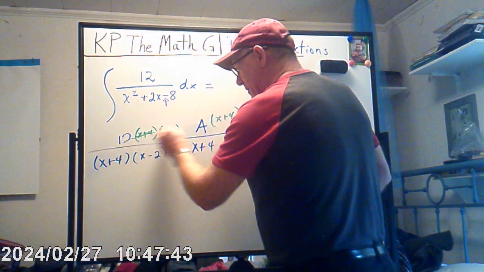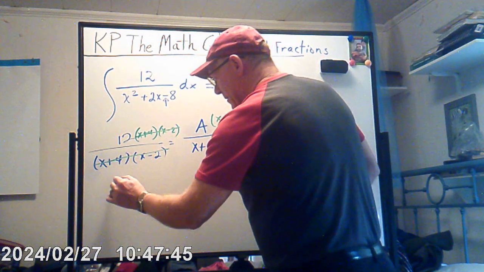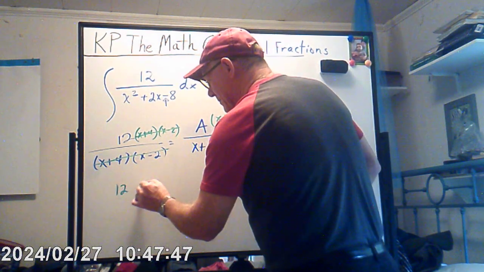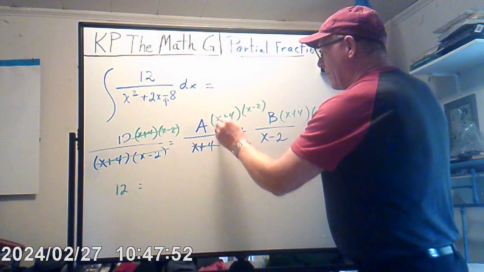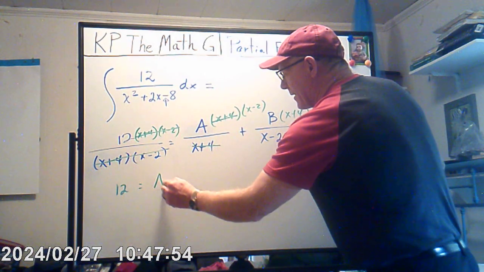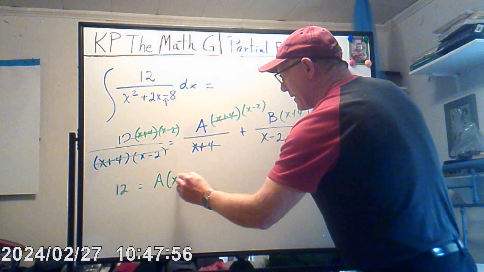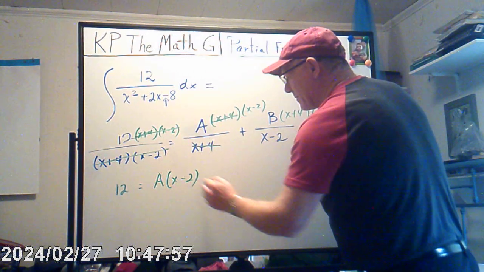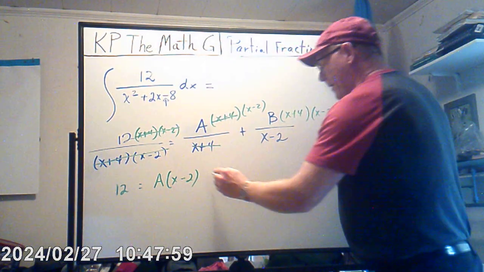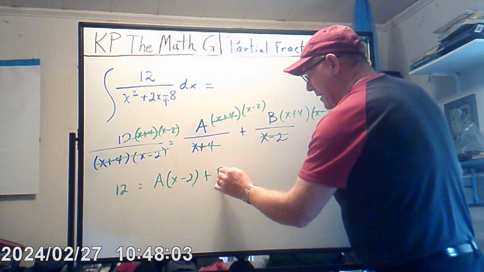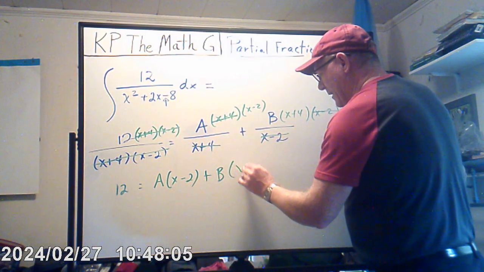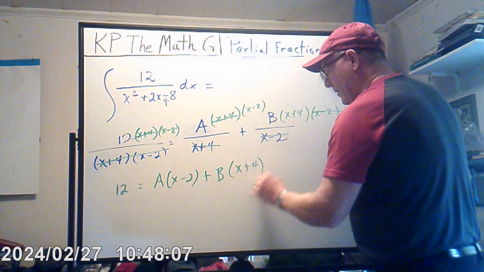Look here, this is gone and this is gone, so this side is 12. This is gone and this is gone. I'm left with a times x minus 2, and then here this is gone and this is gone, and I'm left with b times x plus 4.